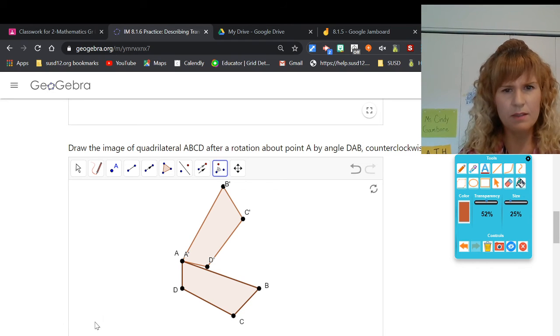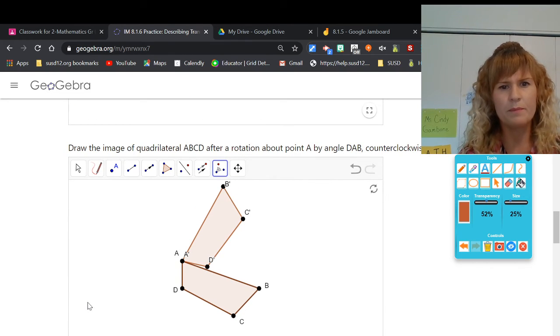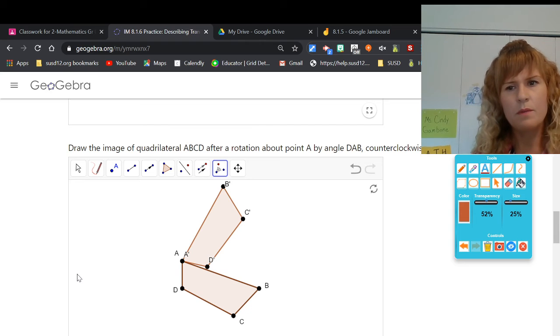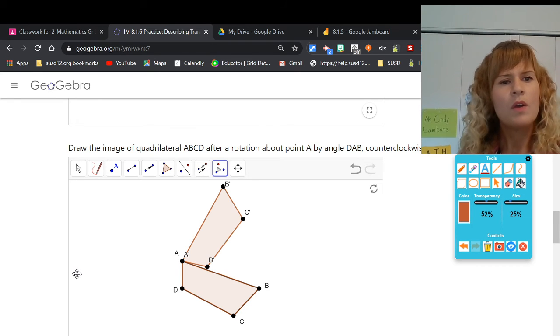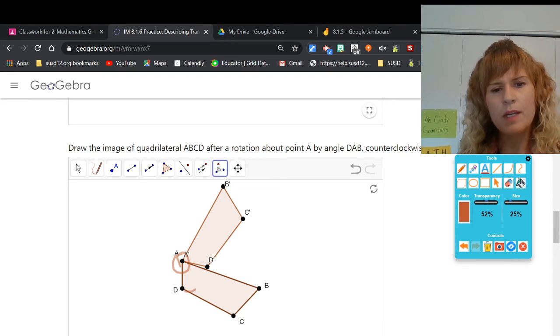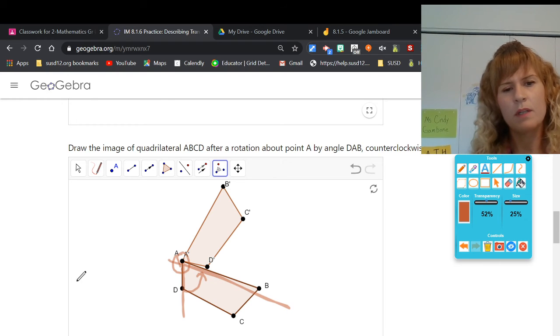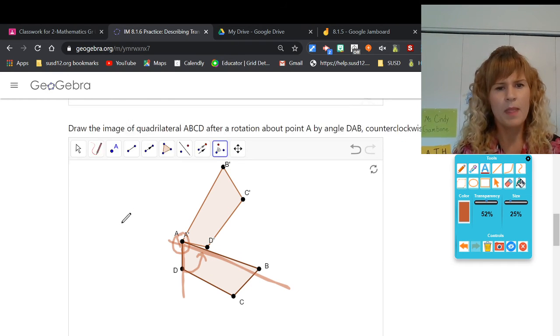Still looks like it's a little bit too far, but close enough for me. So remember what we did. We rotated around center point E, and we rotated this angle right here from AD to AB. Let's keep going.